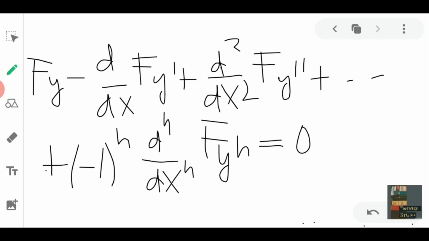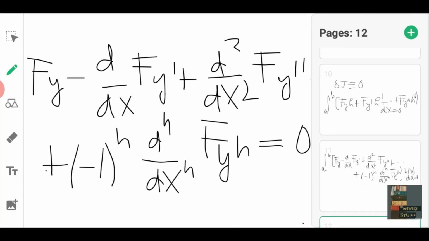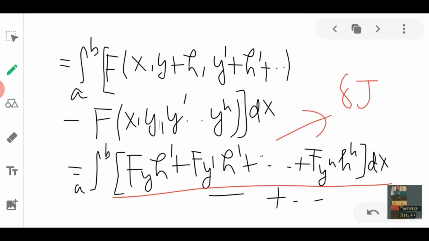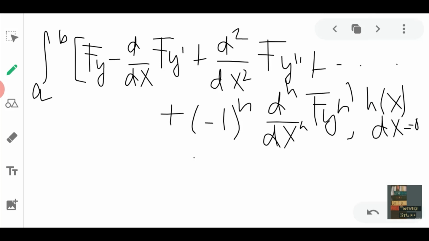It is a differential equation of order 2n, and its general solution contains 2n arbitrary constants which can be determined by the 2n boundary conditions. One more remark that I want to emphasize: from the proof it seems like we have presupposed the existence of the derivatives, but it can be shown by some general argument that the equation delta J equal to 0, given by the following, implies the Euler equation directly.